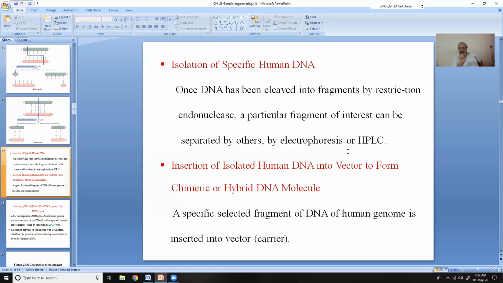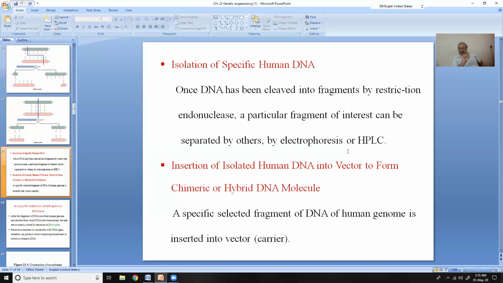Then comes insertion of isolated human DNA into a vector to form a chimeric or hybrid DNA molecule. The vector is bacteria here. A specific selected fragment of DNA in the human genome is inserted into the vector.